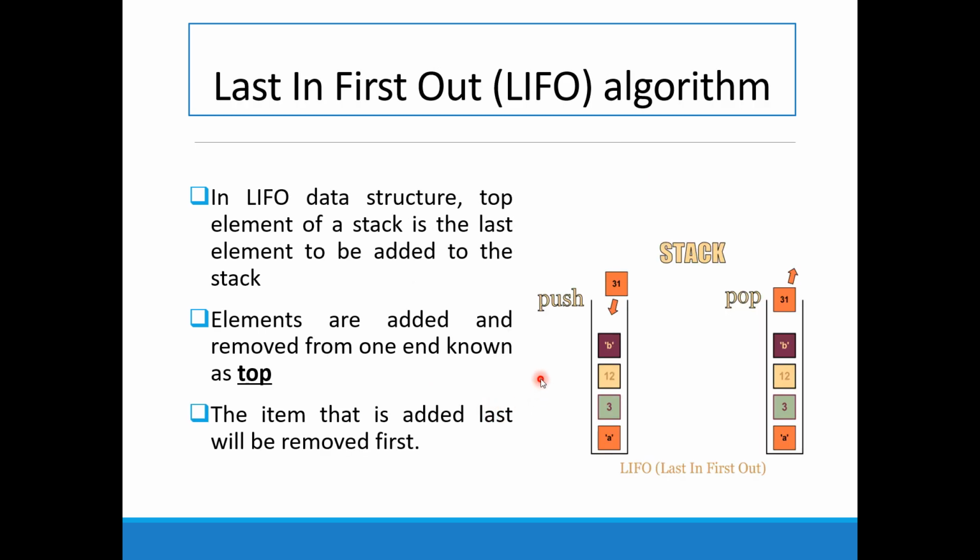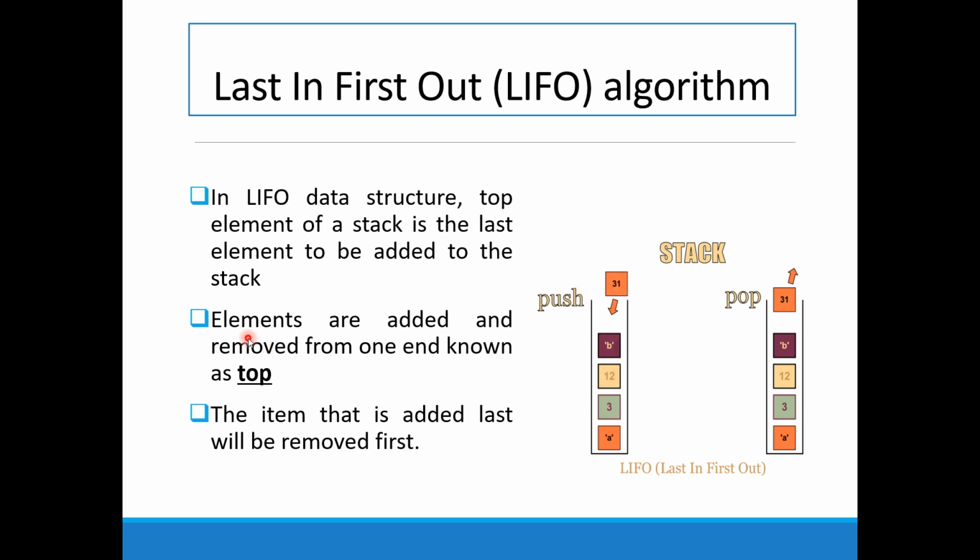Okay, this is another illustration of the last in first out algorithm. Okay, in a LIFO data structure, the top element of a stack is the last element to be added to the stack. Okay, kita susun secara stack. Okay, bertindan kan, tindan. First element, second, third, fourth, and then the last one, 31.